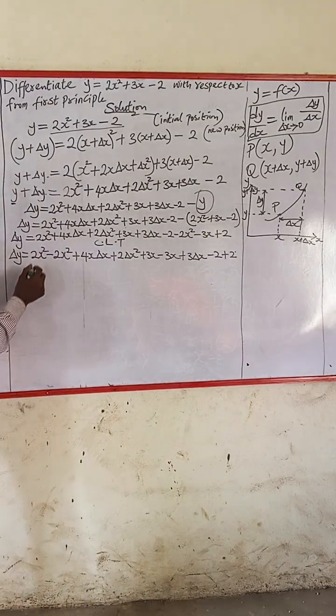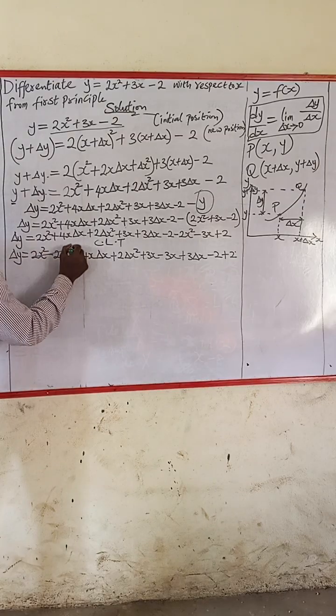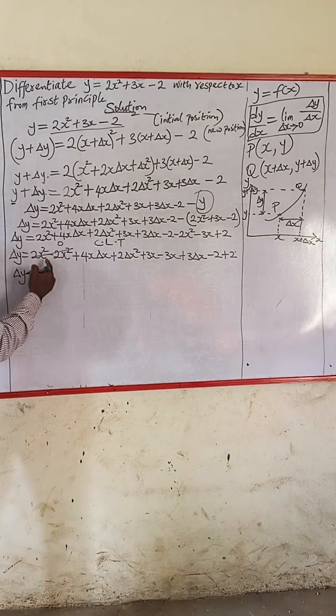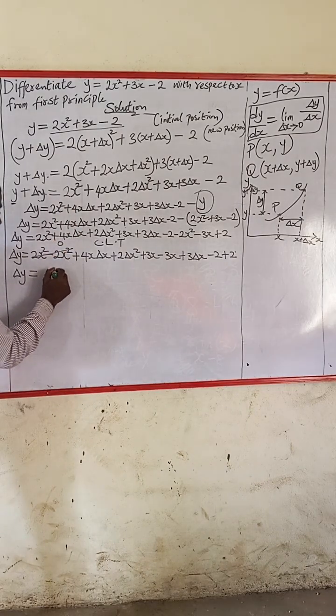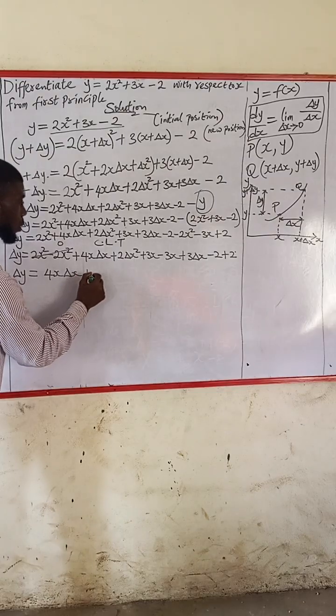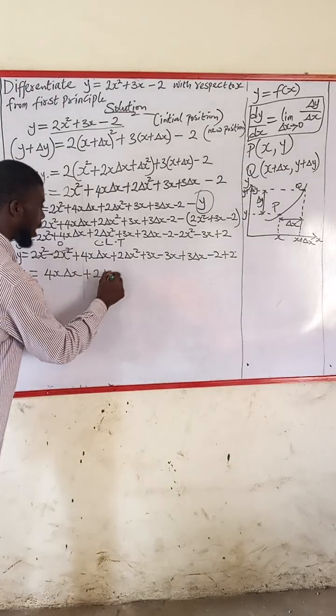Okay, so if you notice, 2x squared minus 2x squared is going to give us 0. So changing y is equal to, here becomes 0, we now have 4x changing x plus 2 changing x squared.